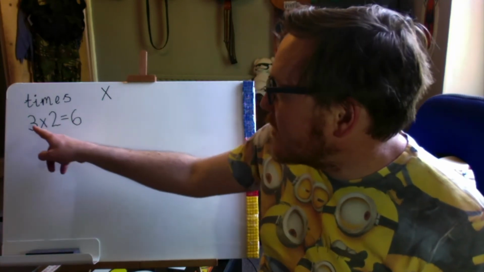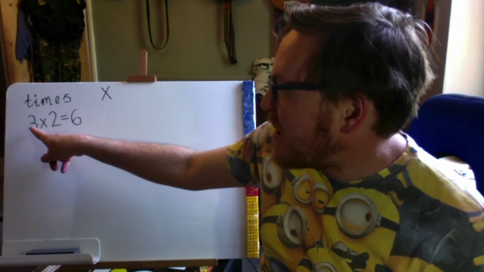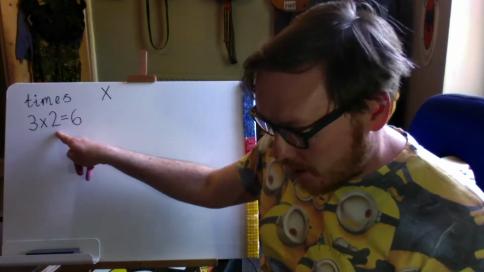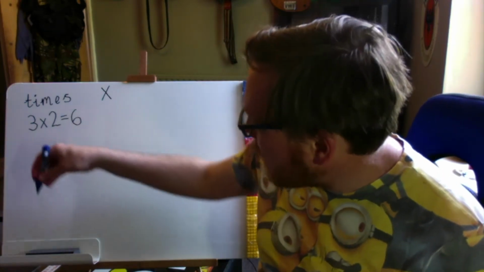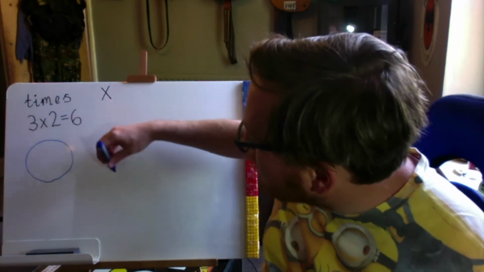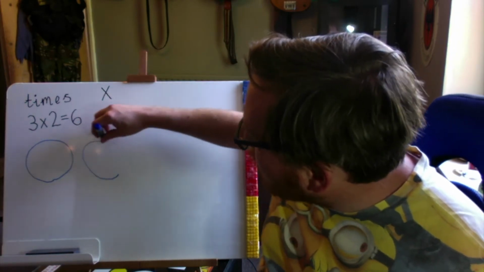What that means is we need to make 3, and we need to do it 2 times. I'm going to show you what that means. 1 group, 2 groups.